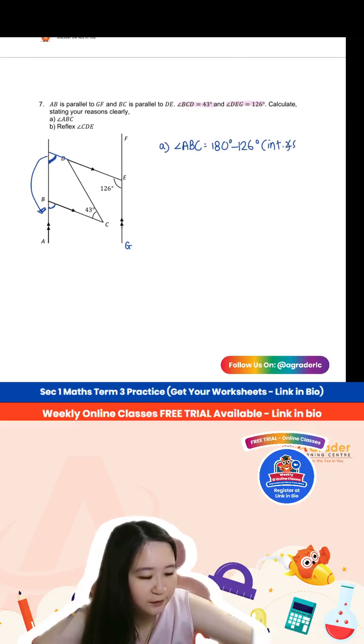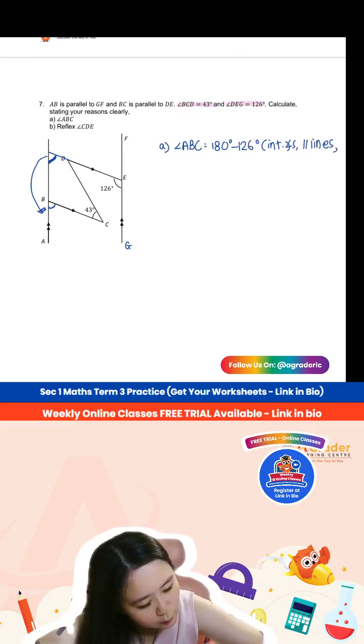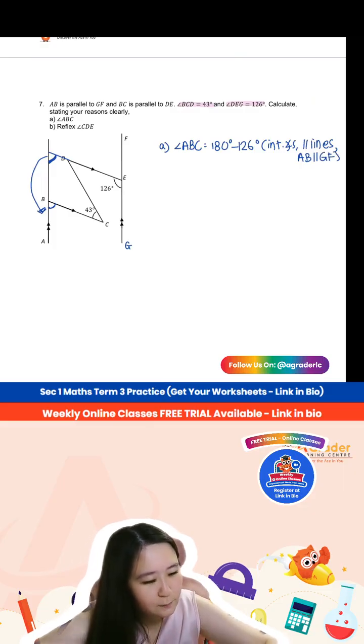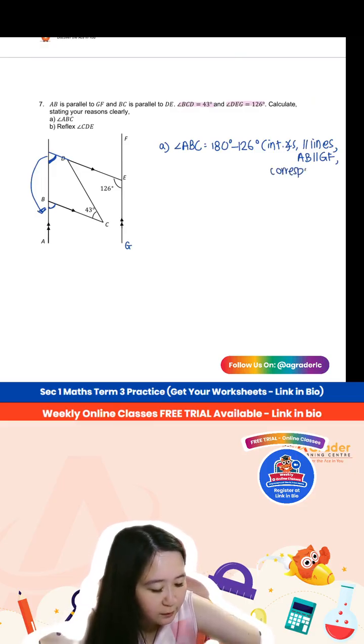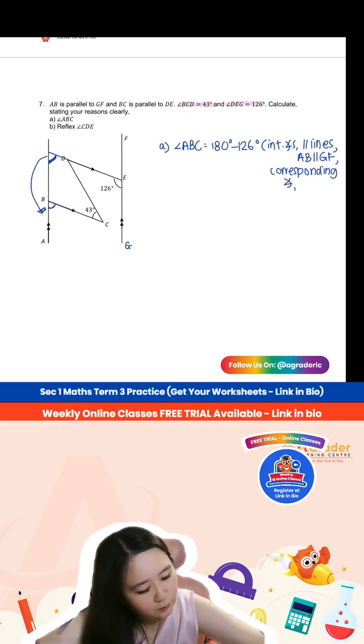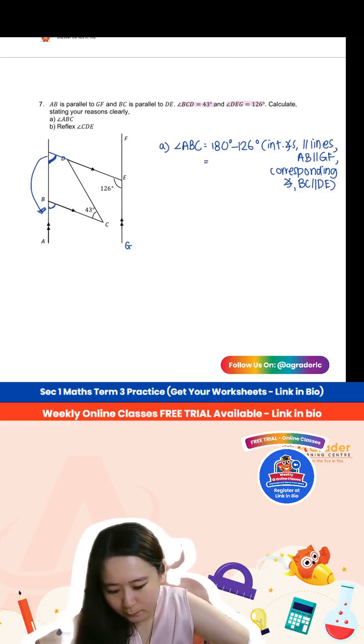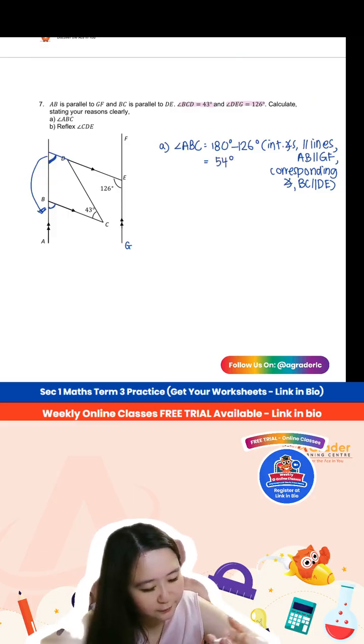First part is interior angles, parallel lines, where AB is parallel to GF. Then after which corresponding angles, which is using BC parallel to DE. Okay, so here is 54 degrees.